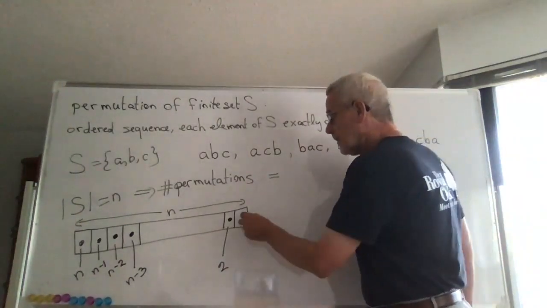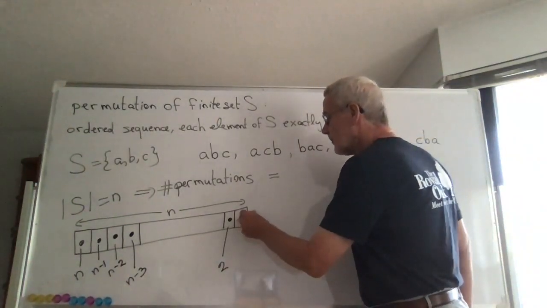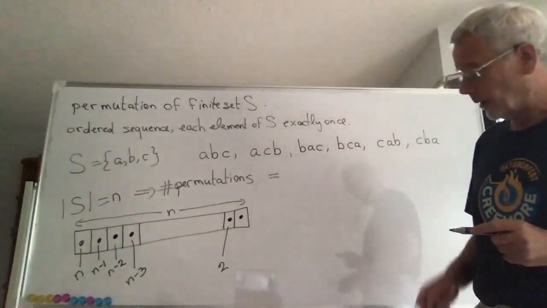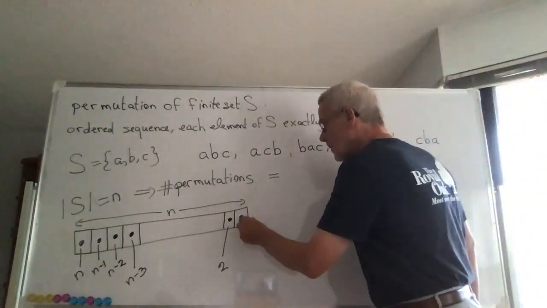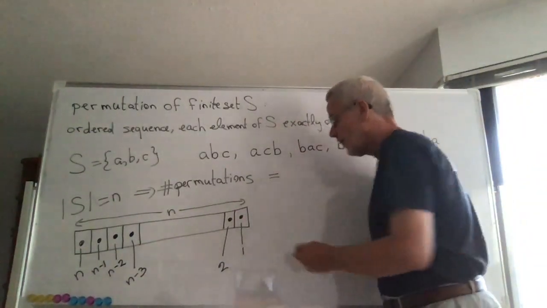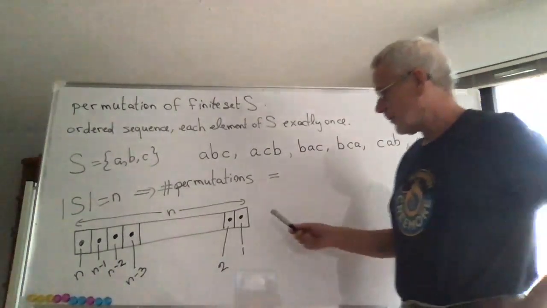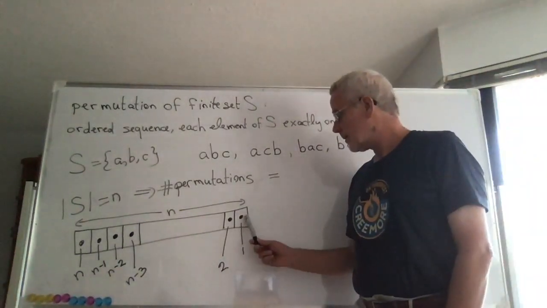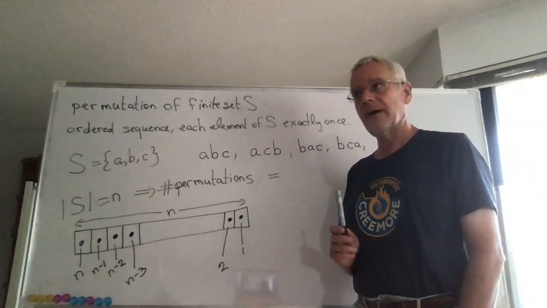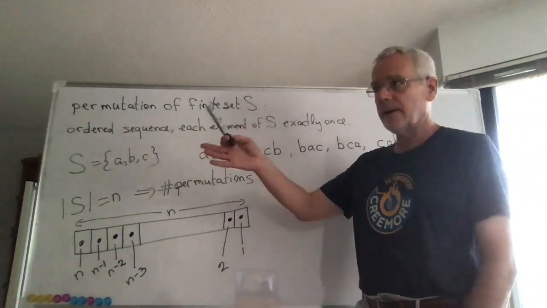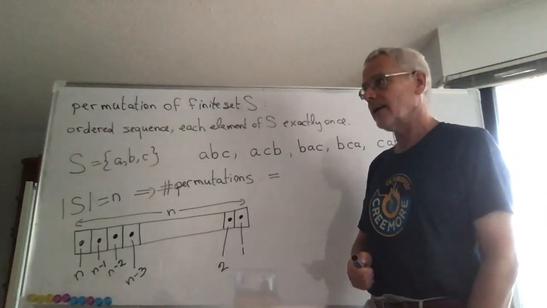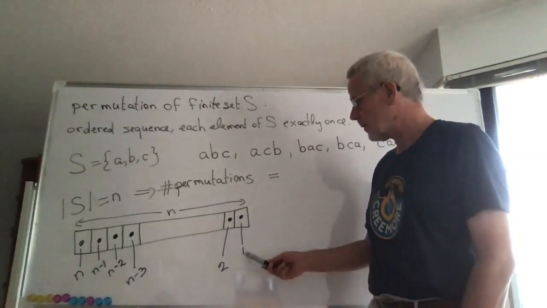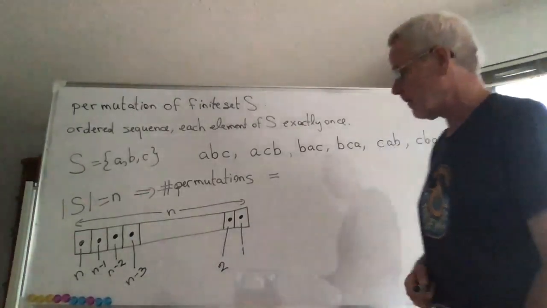And then finally, we have to choose the final symbol in the permutation. And of course, there is only 1 way to choose that, because if we reach the point where we have to choose the final element, that means we have already determined the first n-1 elements, and there is only 1 element left.